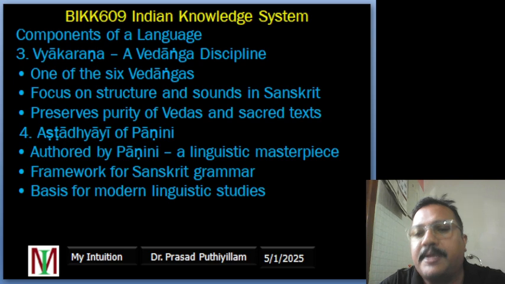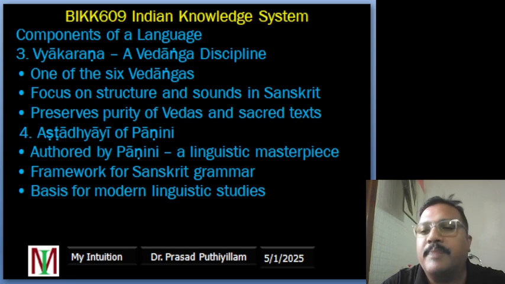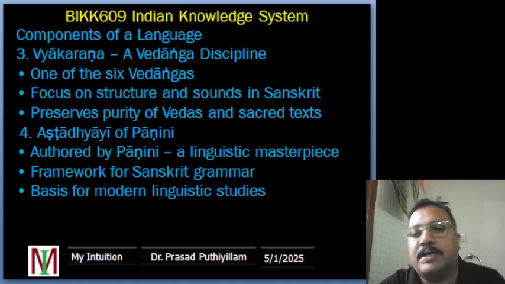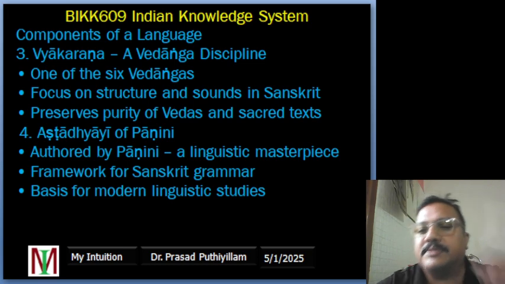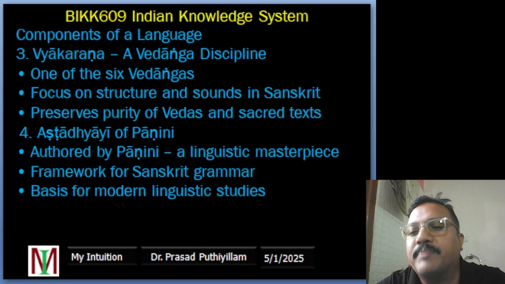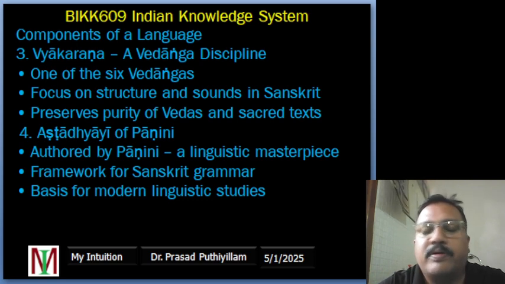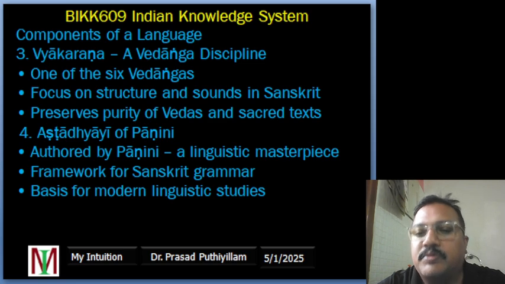Panini was a brilliant scholar who lived many centuries ago. He wrote a book called the Ashtadhyayi, where Ashta means eight and Dhyaya means chapters. So, eight chapters. This book is full of very short rules, around 4,000 of them, which explain Sanskrit words, how to pronounce them, and how to use them.